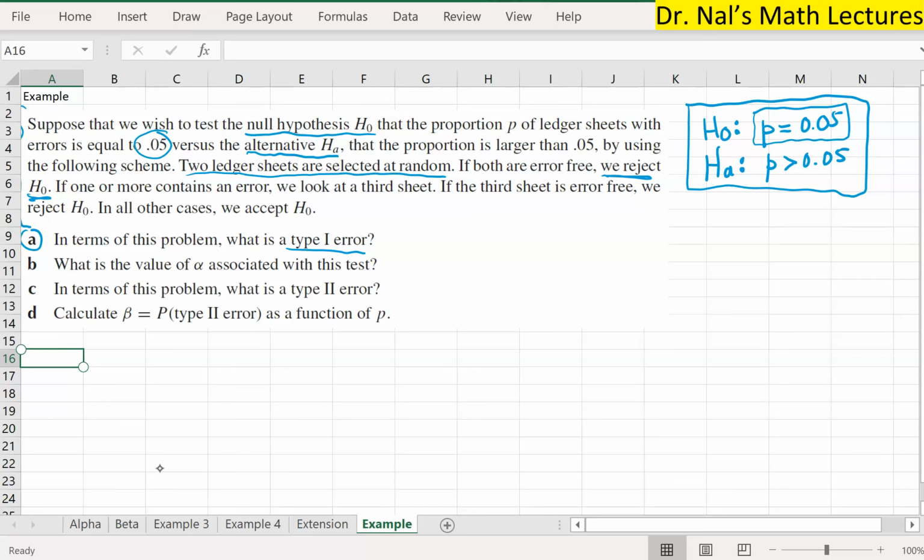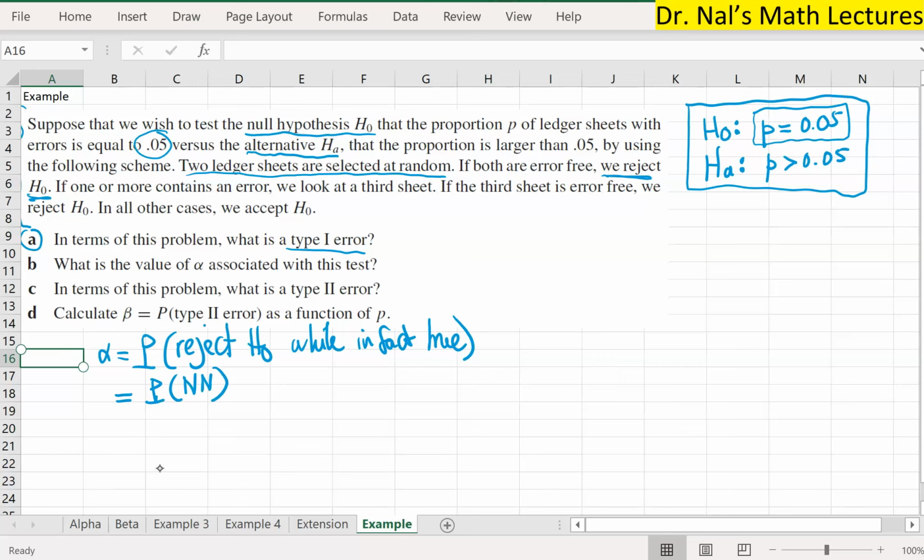So what is the value of the alpha associated with this test? Remember, alpha is just the probability of rejecting H0 while in fact it was true. So such a probability will be equal to one of these situations.